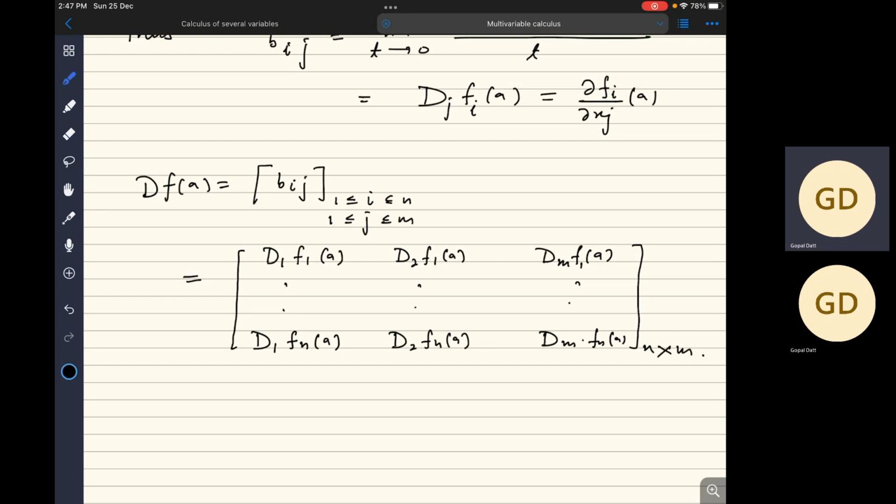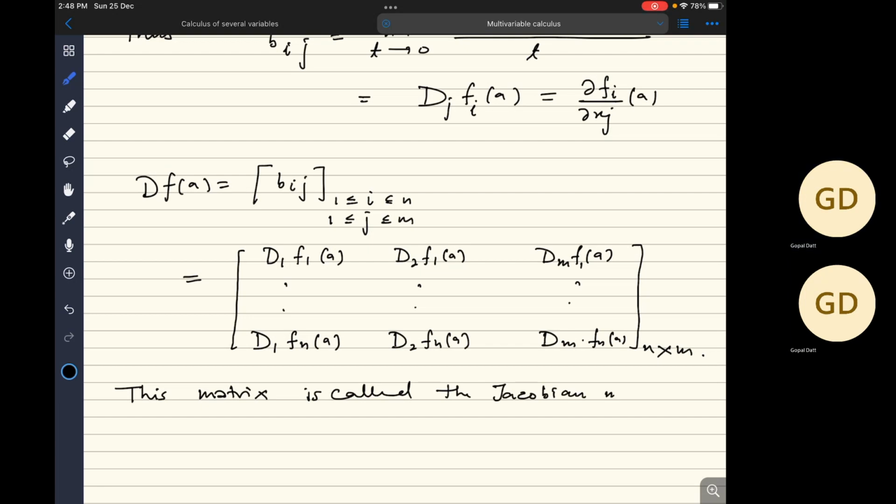Okay. So this matrix is called the Jacobian matrix of f at a.